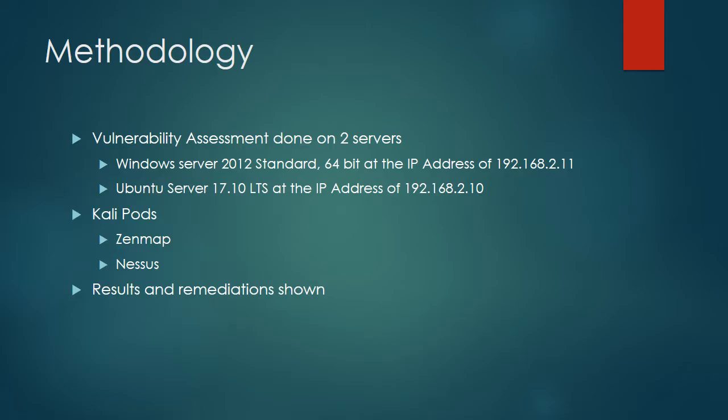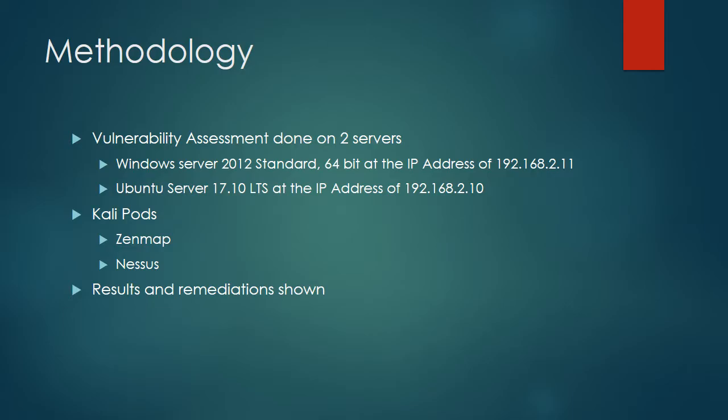For methodology, I did a vulnerability assessment on two servers using the ZenMap and Nessus scan tools. The servers are Windows Server 2012 Standard, 64-bit, at the IP address of 192.168.2.11, and Ubuntu Server 17.10 LTS at the IP address of 192.168.2.10.